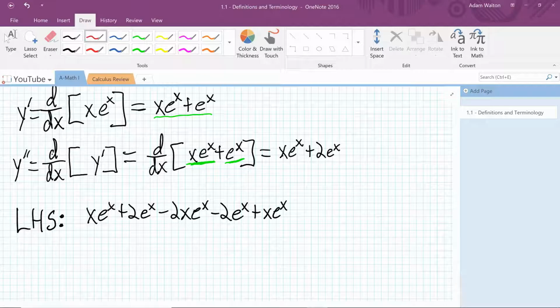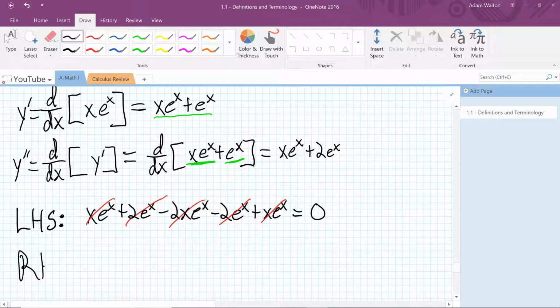So this is going to cancel with this, and then we have 2 x e to the x's and 1 minus 2 x e to the x. So those are all going to cancel, and we're just going to get 0. And with our right-hand side, all we have is 0. So that's all it is.